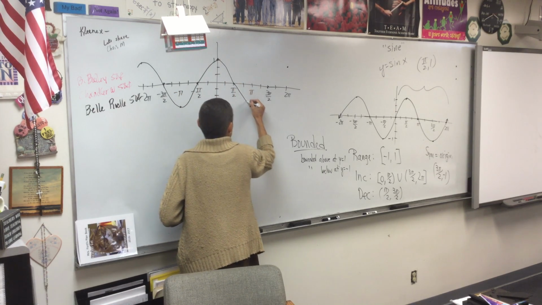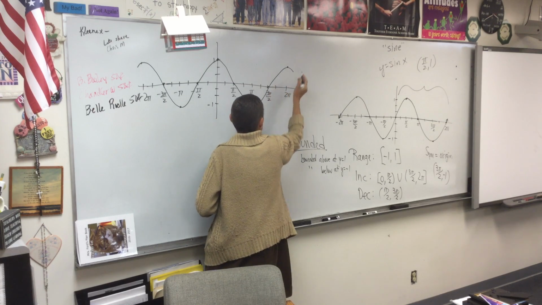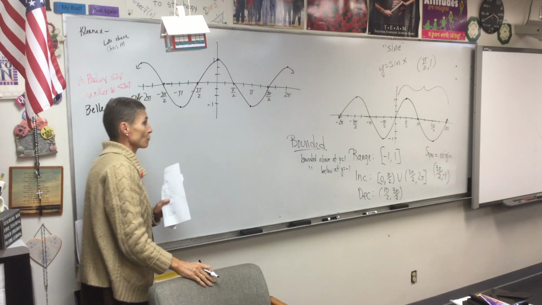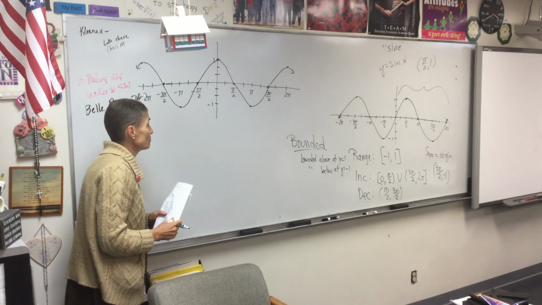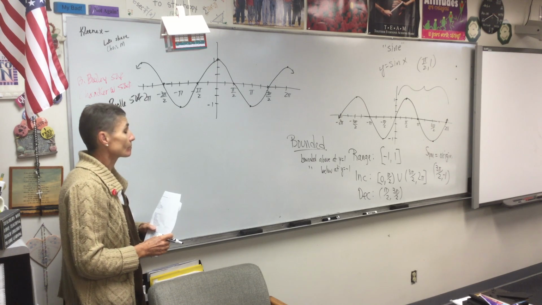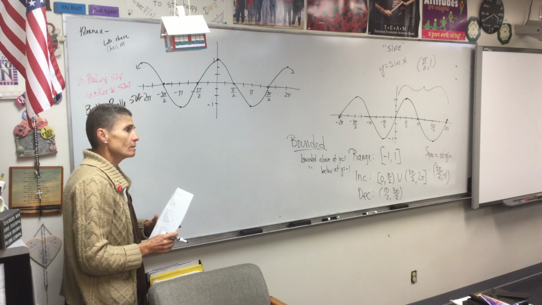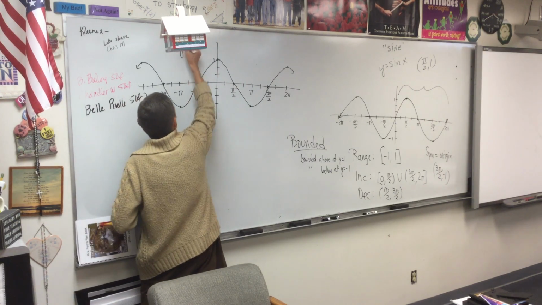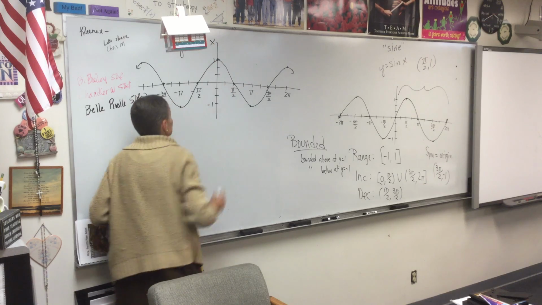Remember, sines and cosines are nice, smooth curves. So we should not have any jagged edges, no V's or points, just a nice, smooth curve. This is the cosine function.